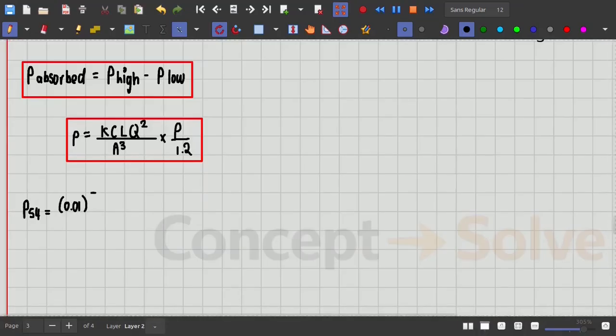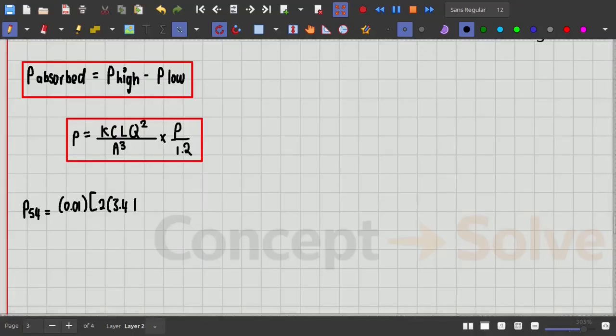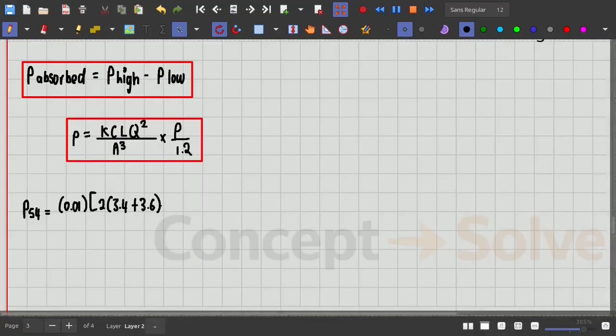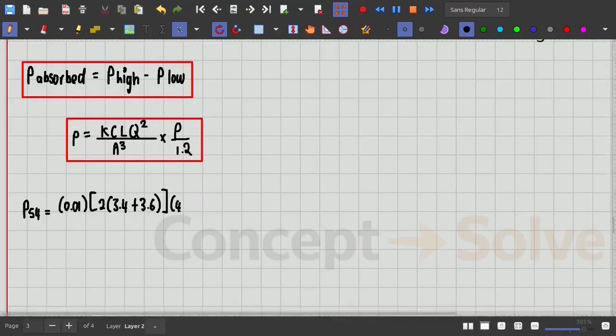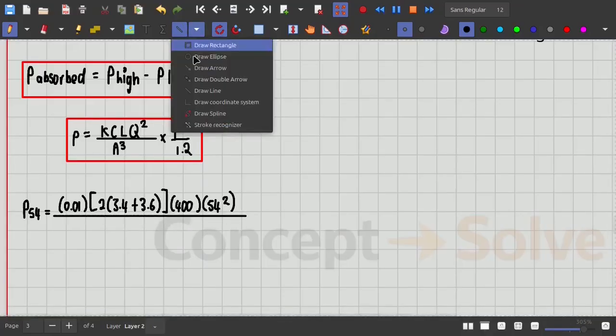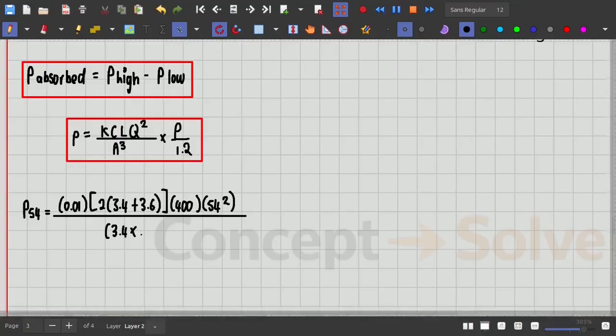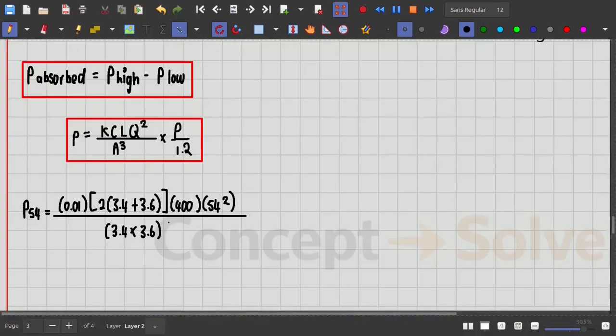That's going to be 0.01, circumference 2 times (3.4 plus 3.6), close that, 400 meters long, times the air quantity 54 squared, close that, divided by (3.4 times 3.6) to the power 3, times 1.004 over 1.2.